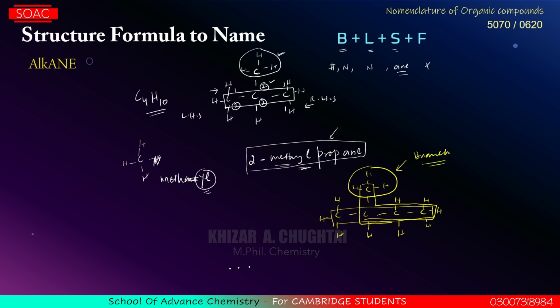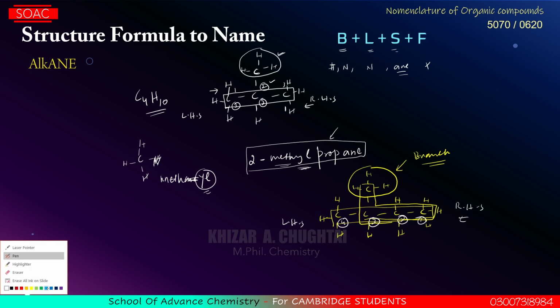Now the next step is to mark numbering. This is the right hand side of the chain, this is the left hand side of the chain. From right to left is carbon number 1, carbon number 2, carbon number 3, and carbon number 4. If you are marking in a reverse way, let's suppose I'm marking with the blue pen, it's carbon number 1, 2, 3, and 4.